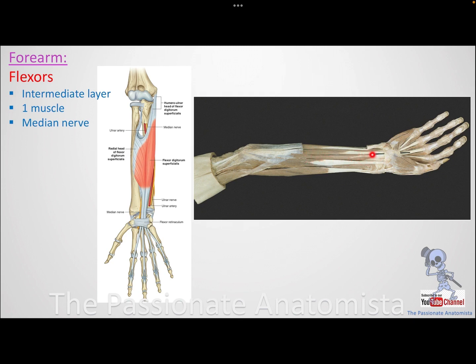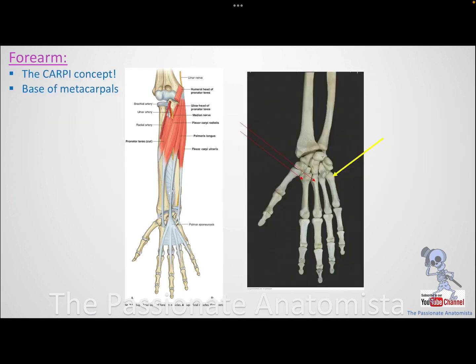It goes with tendons, and those tendons move below the flexor retinaculum, and split to reach the middle phalanges. From the splitting of the tendons you will come to know that this is flexor digitorum superficialis, and that way you will understand the difference between it and the profundus. Now, what is the innervation? The innervation is by the median nerve.